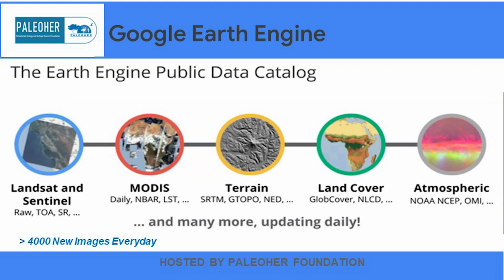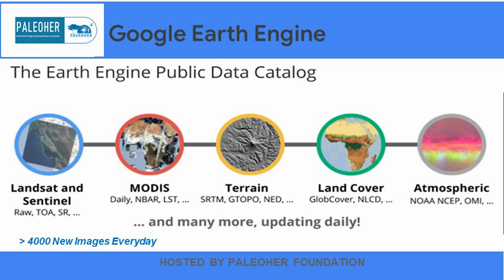These are some of the widely used publicly available data sets on Google Earth Engine. First is the Landsat and Sentinel data, where we have imageries of raw, top of atmosphere, and Sentinel reflectance.